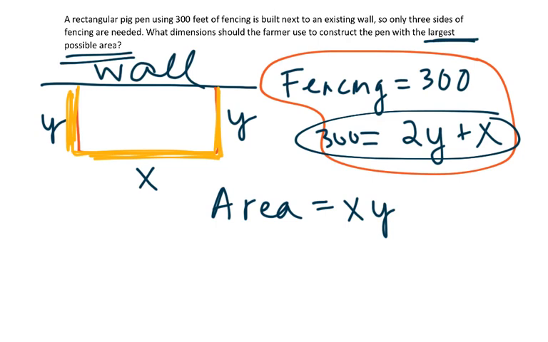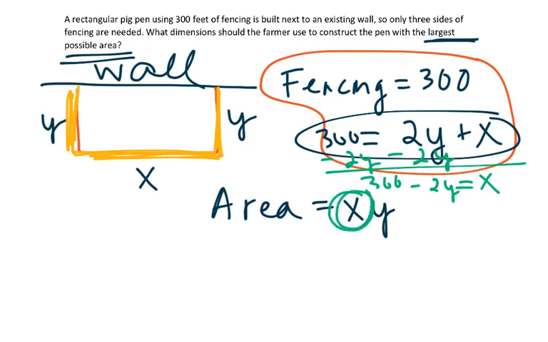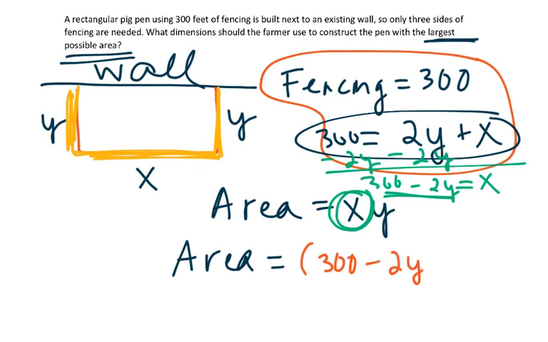What's the easiest one to solve for? If I have 300 equals 2y plus x, I'm just going to subtract 2y on both sides so that x is equal to 300 minus 2y. So I'm going to replace this x with this, and my area is equal to my new x, 300 minus 2y, times y.